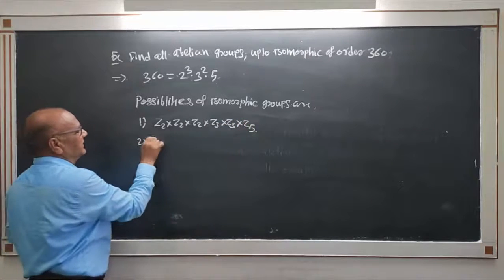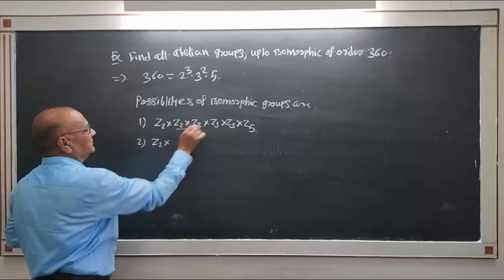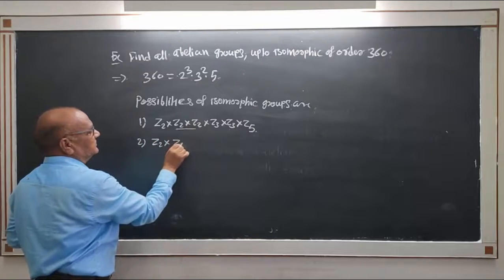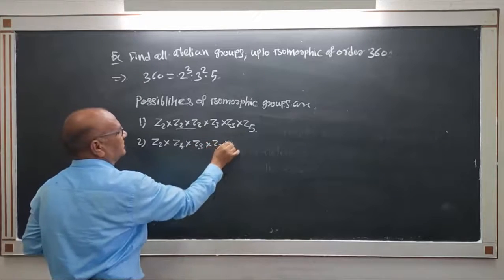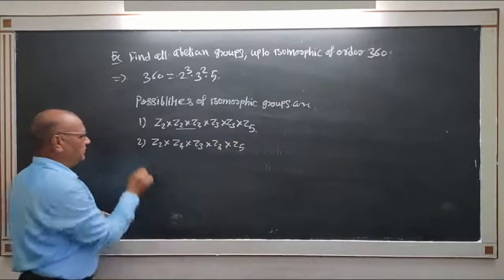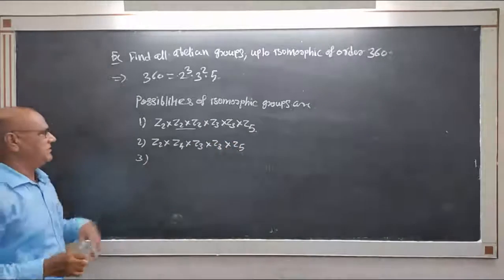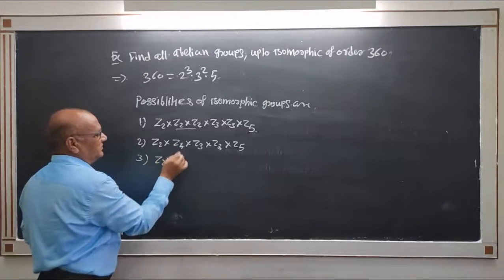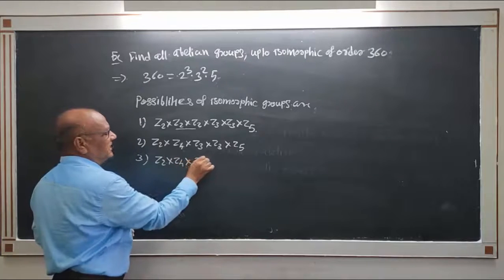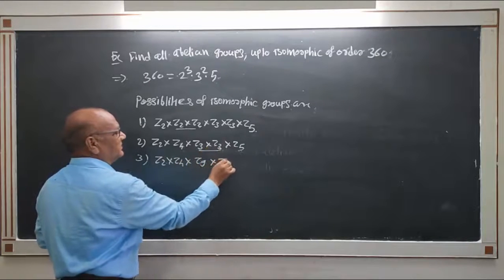Second, Z2 cross Z4 cross Z3 cross Z3 cross Z5. Now third isomorphic possibility, Z2 cross Z4 cross Z9 cross Z5.